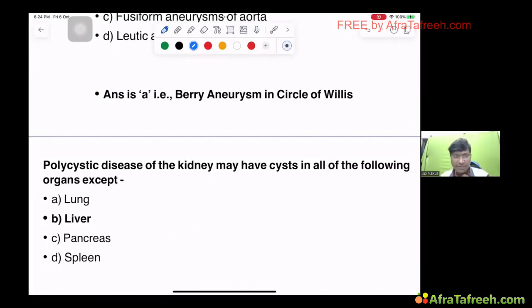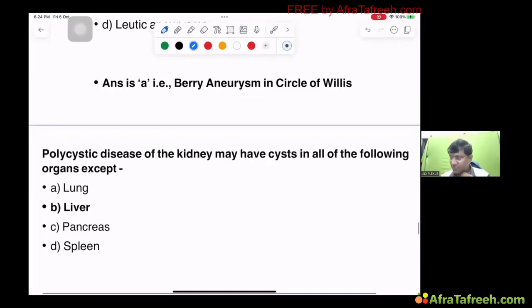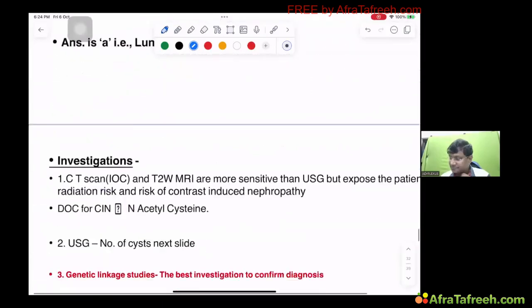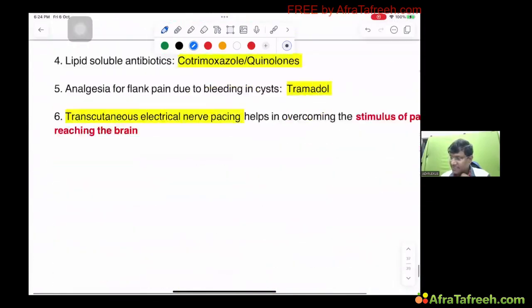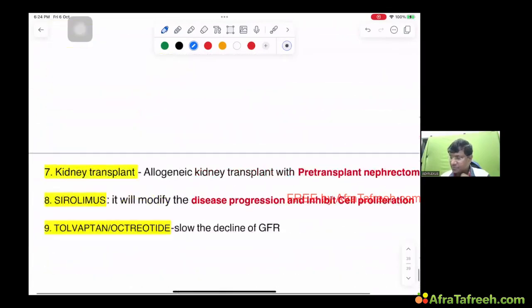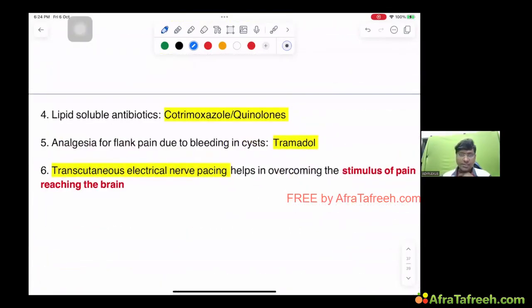And what is the most common extrarenal site? The most common extrarenal site will be liver. Okay, that was about your adult polycystic kidney disease, right?